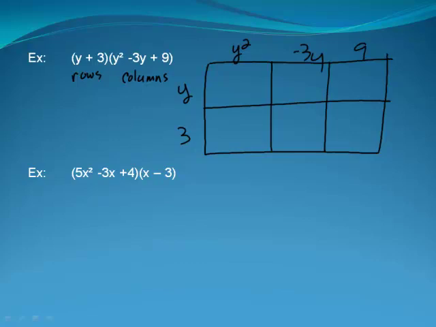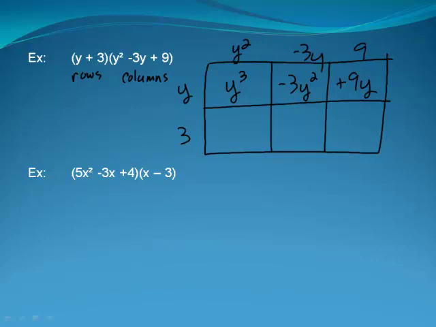So for our first box, y times y squared is y cubed. Add the exponents. Next box to the right, y times minus 3y is minus 3y squared. Third box upper right, y times positive 9 is positive 9y.